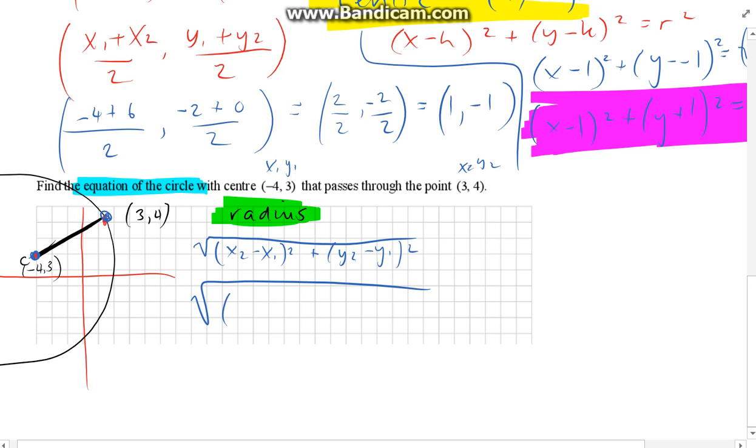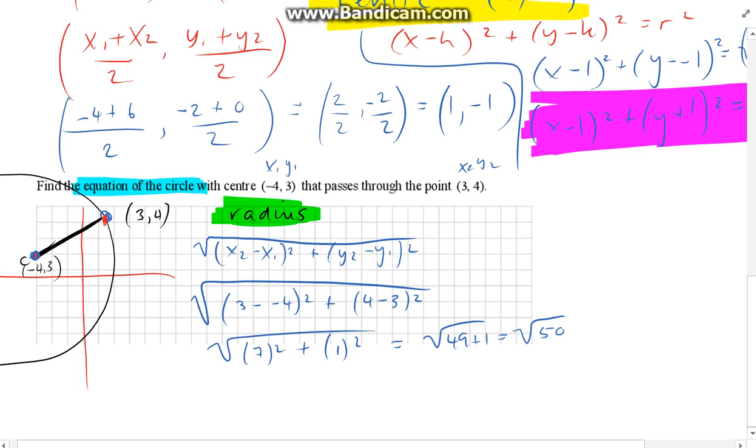So it's going to be 3 minus minus 4 all squared plus 4 minus 3 all squared. It's going to be the square root of 3 minus minus gives us plus, so 3 plus 4 is 7 squared, plus 4 minus 3 is 1 squared. So that's going to be the square root of 49 plus 1, which is root 50.